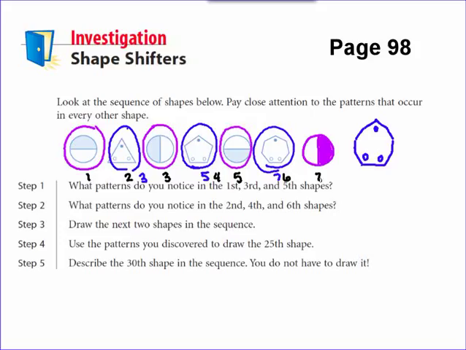So is the 25th shape going to be along the purple or the blue? The purple, because it's odd, right? And so this is a way you could do that. Would you agree that if I did the 9th shape here, it's going to be a repeat? It's going to be a repeat like this. So how would I know which one the 25th shape is?